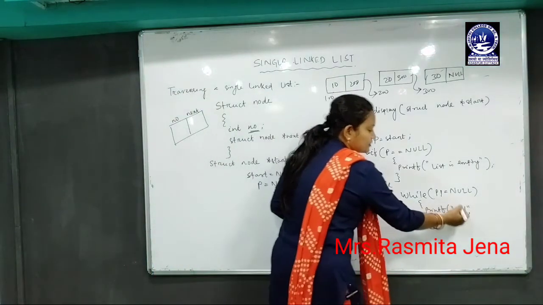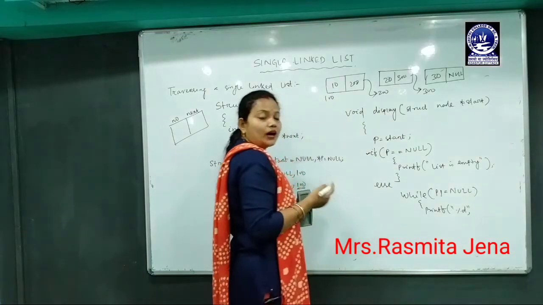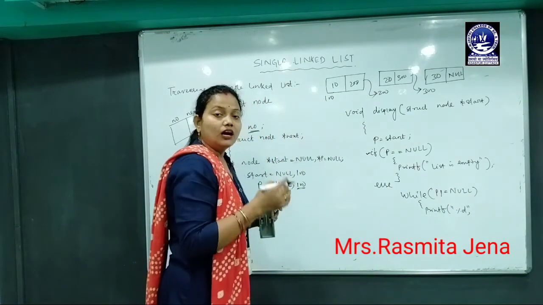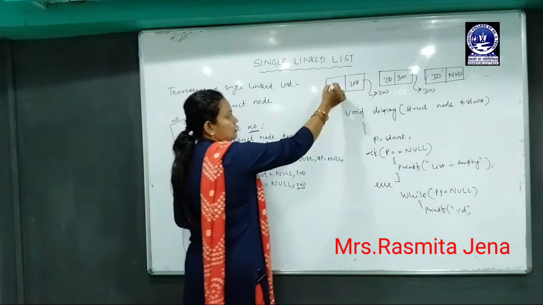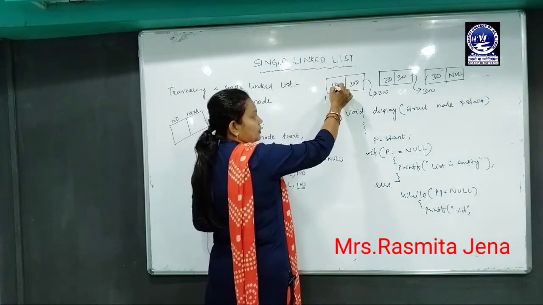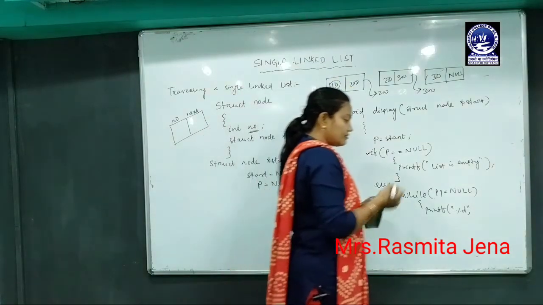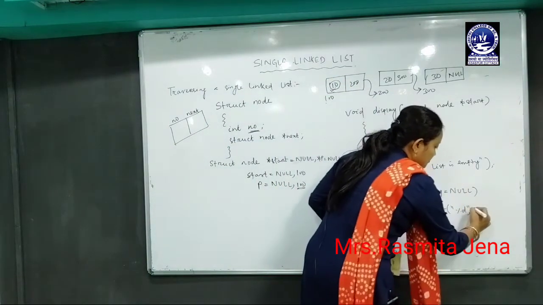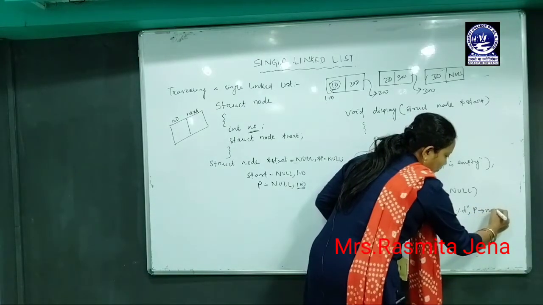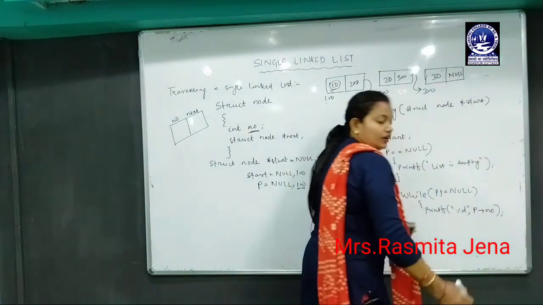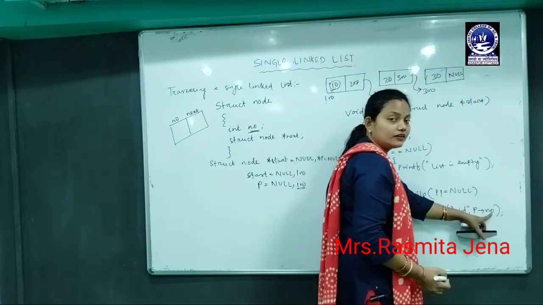So printf %d will display the number part or data part of the 100 location node. So in the 100 location node, the data part or number part will contain 10. So we will display this. So for that I can write the statement, that is p arrow no. Okay. It means the 100 location number part contains data 10.